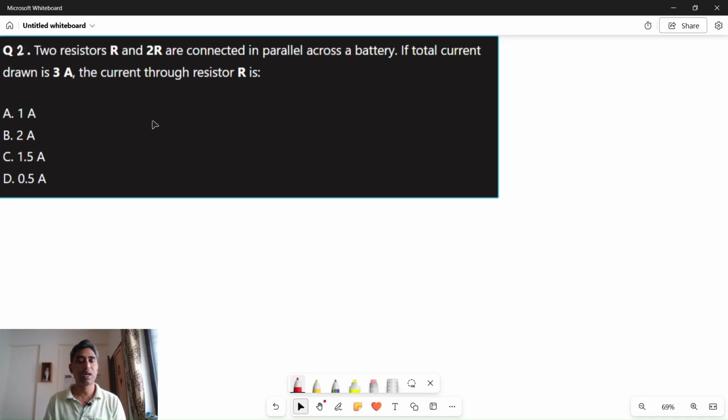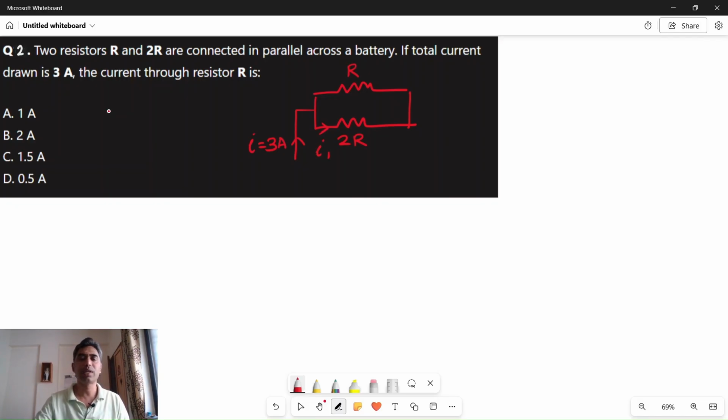Two resistances R and 2R are connected in parallel across a battery. If the total current drawn is 3 ampere, what is the current through resistor R? This is a parallel connection, so the total current is given. If we call the total current I, and I is 3 ampere, let's call this 2R and this R. Here the current is I1 and here it is I2.